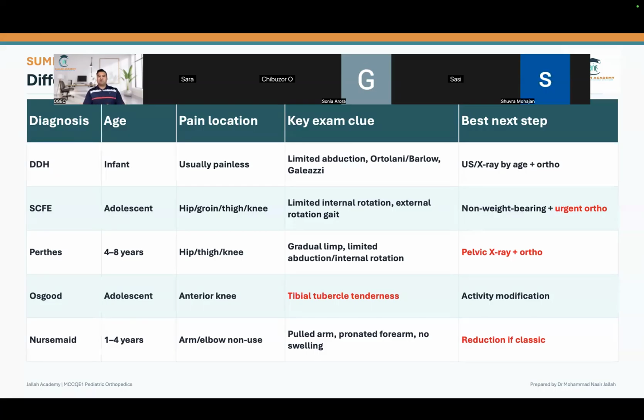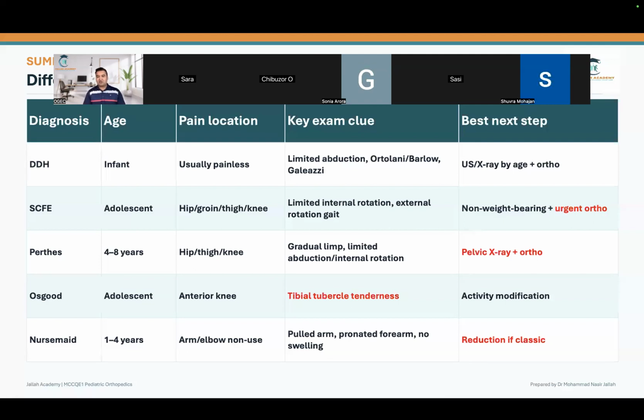That's why it's important to have a regular visit to your family doctor, because they have to do the Barlow and Ortolani, because by the time the baby starts to crawl, it will be too late. So you have to take the baby in for regular visits so that the screening happens, because they have the special screening tests, the Barlow and Ortolani.